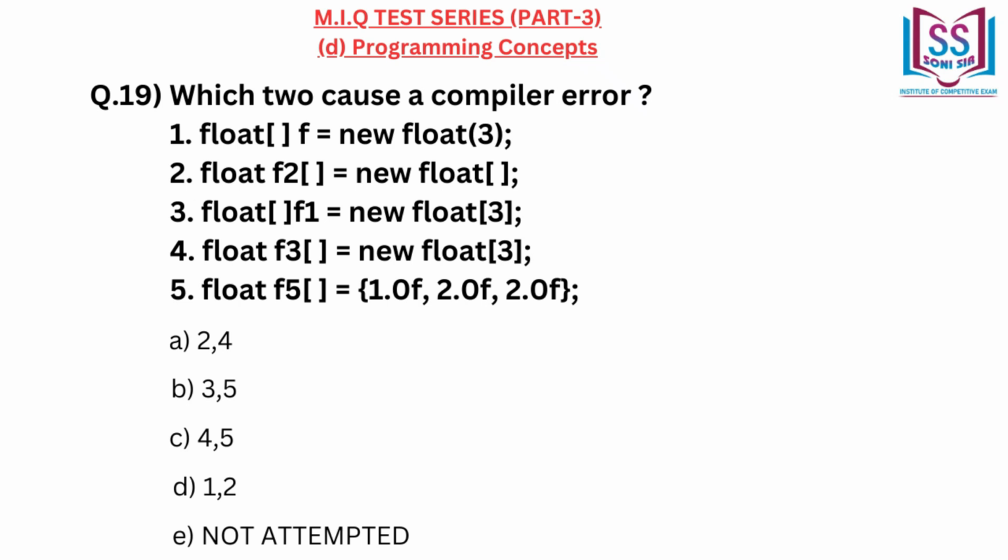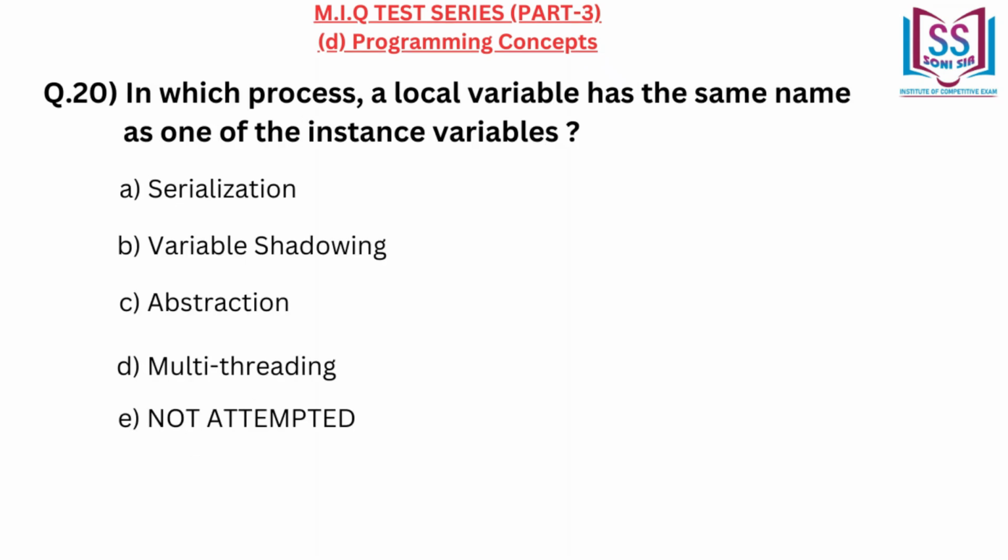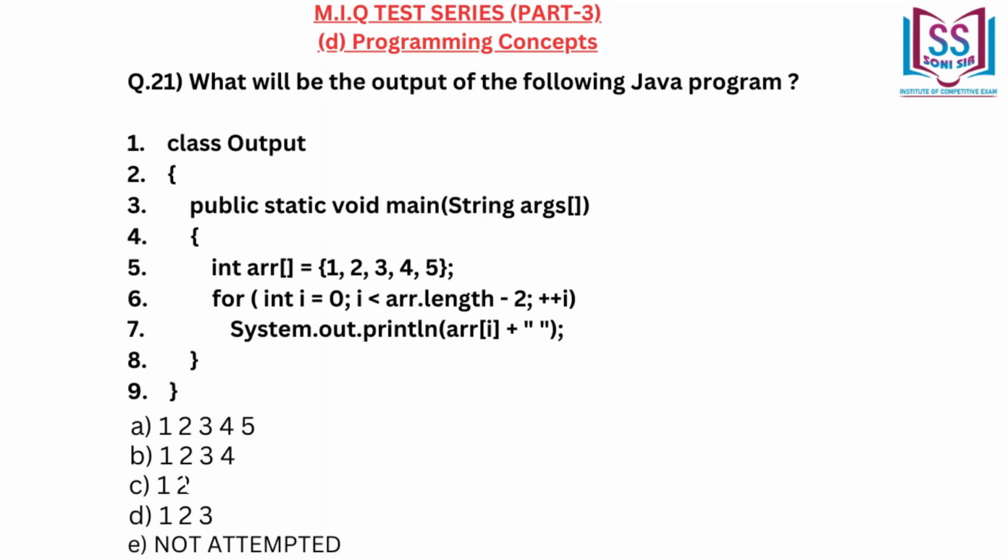B. 3 and 5. C. 4 and 5. D. 1 and 2. In which process does a local variable have the same name as one of the instance variables? A. Serialization. B. Variable shadowing. C. Abstraction. D. Multithreading.